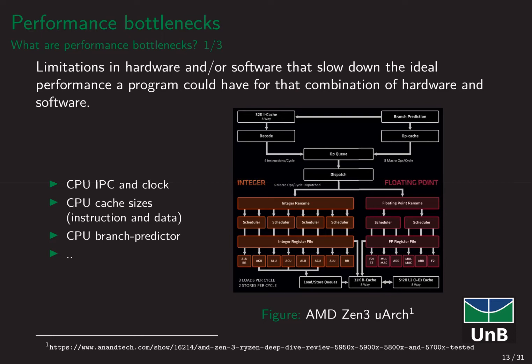Some of those things that could limit the performance of the hardware are the CPU IPC, or instructions per clock, the clock itself, the CPU cache sizes, the CPU branch predictor, the number of execution units in the processor, which will depend on which kind of instruction you are trying to run, how many loads and stores it can make per cycle, and a bunch of other stuff that can change due to microarchitectures.